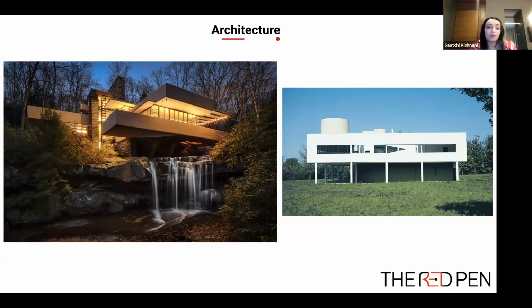One is perched up on a cliffside and responds to the waterfall that it's built upon. Structurally, it's an engineering marvel, constructed almost 80 to 90 years ago. On the other hand, we have this planar rectangular box on stilts, which is Villa Savoye by Mies van der Rohe. Both evoke very different feelings, especially the experiential aspect of feeling the architecture.